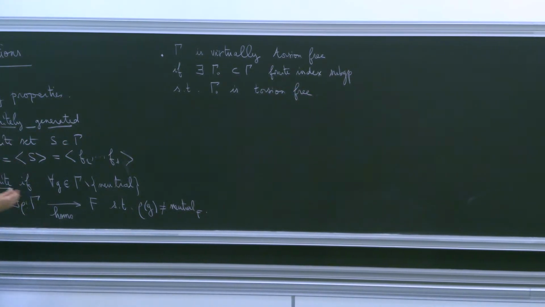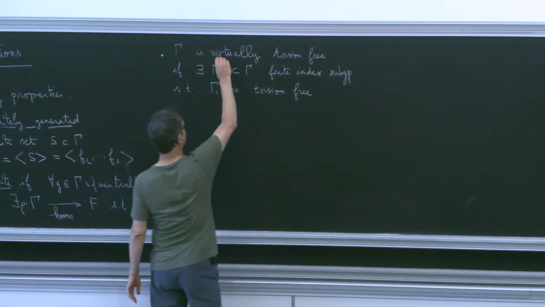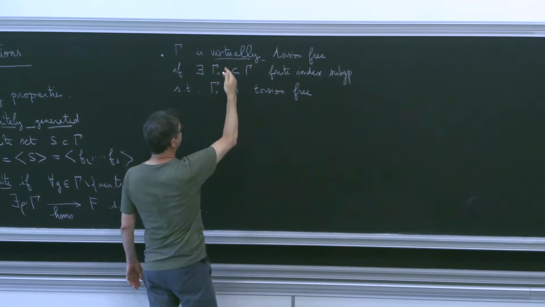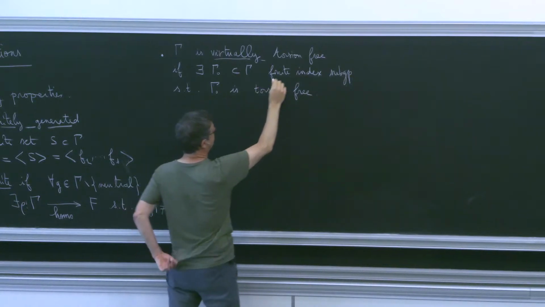Okay, so up to finite index, I can kill all possible torsion elements. So that's a new definition. It's virtually something if the property is satisfied by a finite index subgroup of my group.